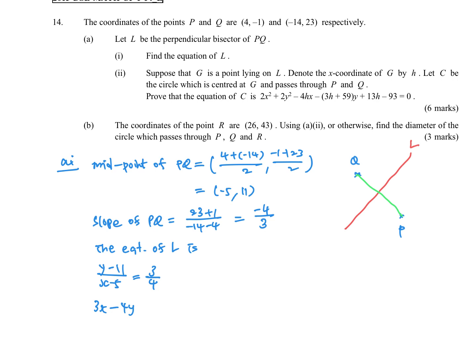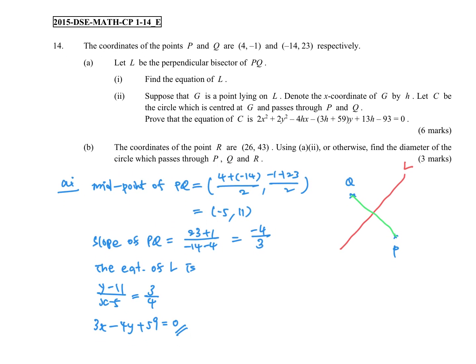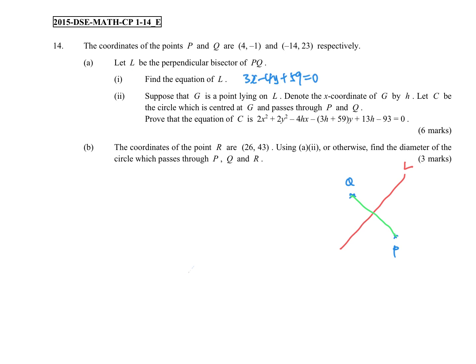So 15 minus 44. Yeah, negative 15 minus 44. Okay, so that's why plus 59. Right, so that's why this is part A1 about the equation of L.